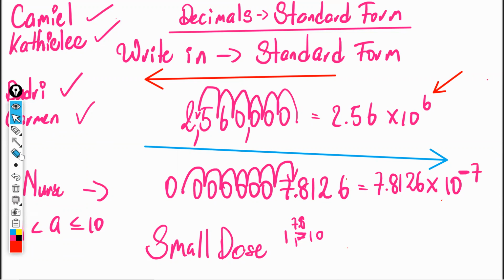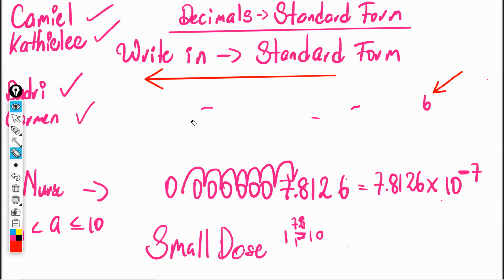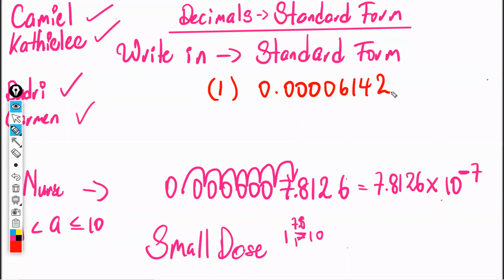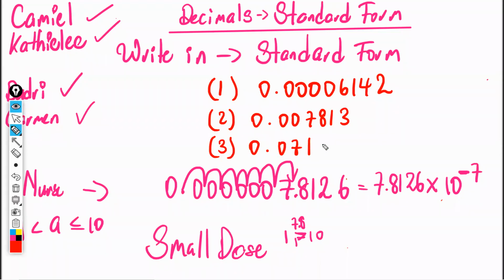All right, so that's how we go, guys. Since I gave this second example, let me just leave this example here, and then I want to do 3 of them, like this example. So let's just do 3 of them. Suppose I have 0.0000 6142, and then suppose I have 0.007813, and then suppose I have 0.071.